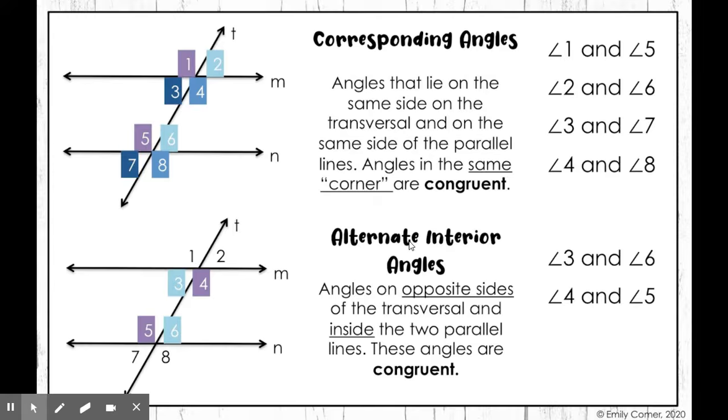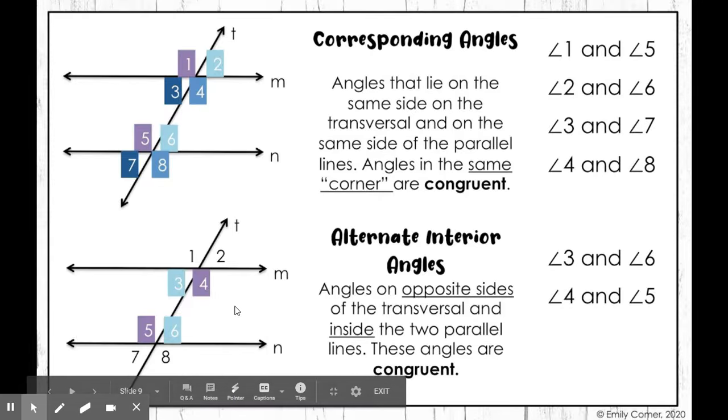Next, we have alternate interior angles. Alternate means they are on opposite sides of the transversal, and interior means inside. So they are inside of both of those parallel lines.